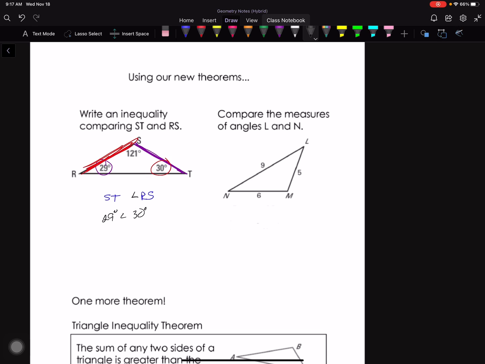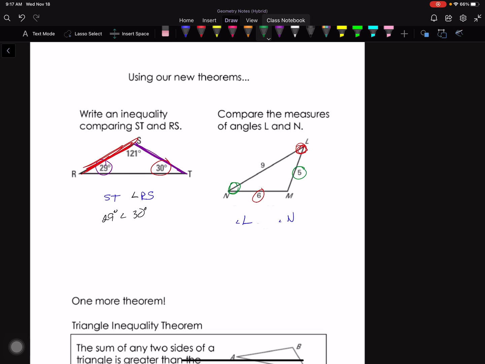Using it in reverse here really quickly, compare the angle measures. So we want to say angle L and angle N. So angle L, so we're talking this angle up here, is opposite of the side that is 6. Angle N is opposite the side that is 5.